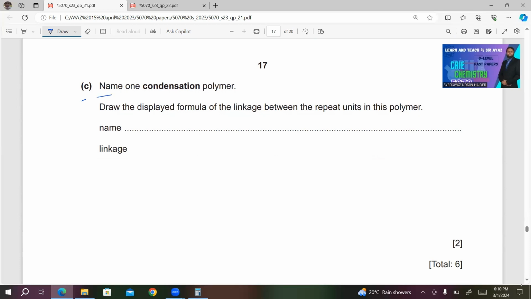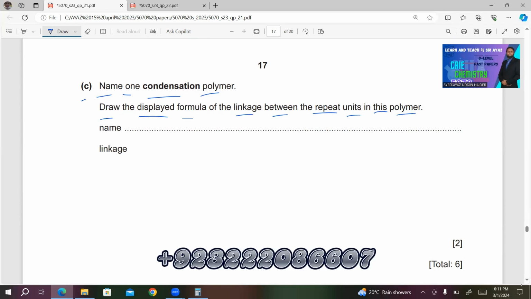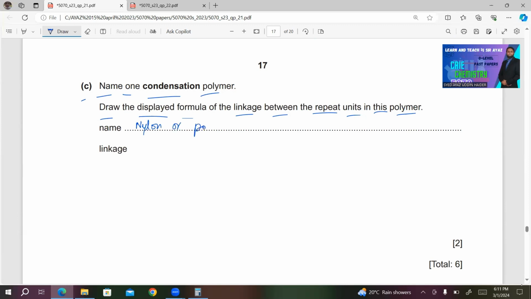C. Name one condensation polymer. Draw the displayed formula of the linkage between the repeat units in this polymer. You have to name any condensation polymer, like nylon or polyester. Nylon can also be known as polyamide. You can write polyester or PET.